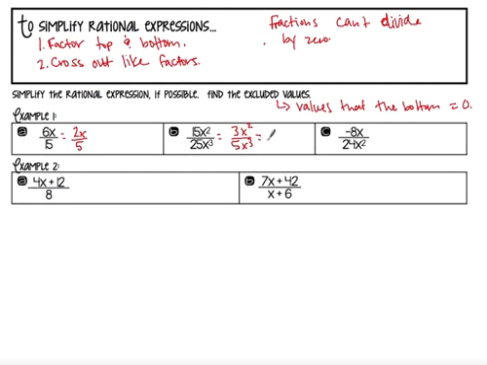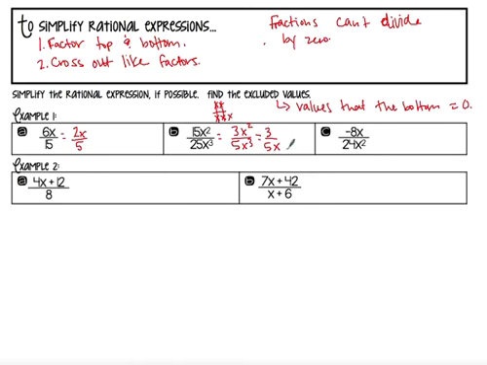So the bottom has the most x's, so my coefficients will stay, but my x squared that's on top would come to the bottom, which would make it subtract, and I would say x to the third minus 2 would give me x to the first. So you could also think about it like this. If there was x squared, that'd be x times x, and on the bottom if there's x cubed, that'd be x times x times x, and these would just cancel, leaving me with that 1x on the bottom.